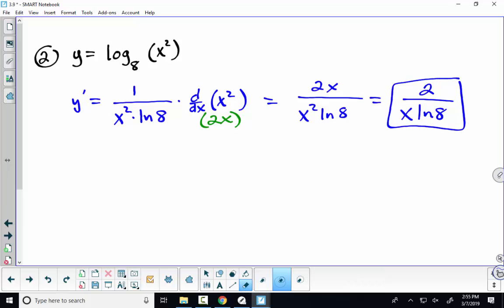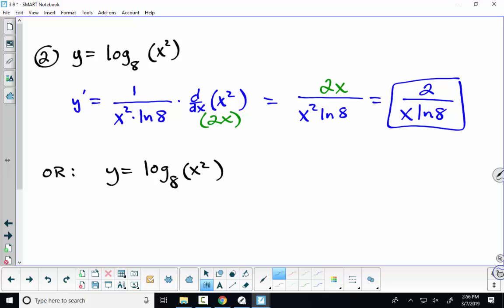All right, let me write this. So there's the inner function derivative over the function ln of the base. Or, since y is the log base 8 of x squared, we can rewrite that before we take the derivative.